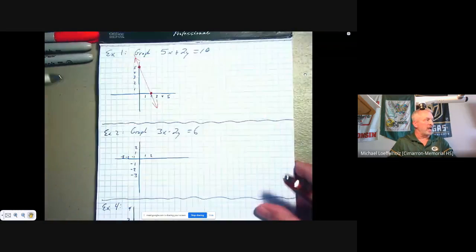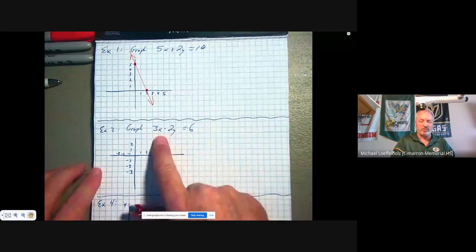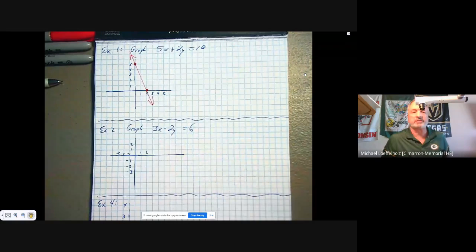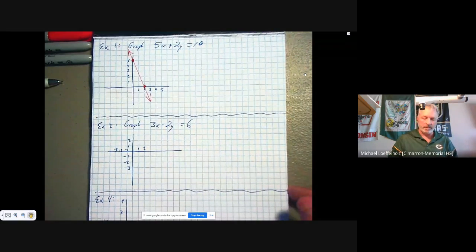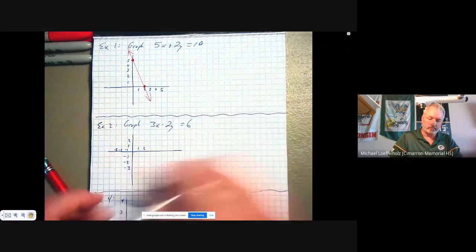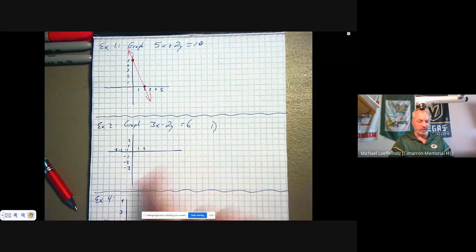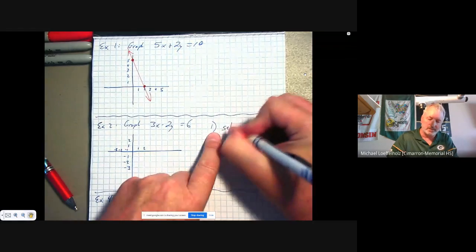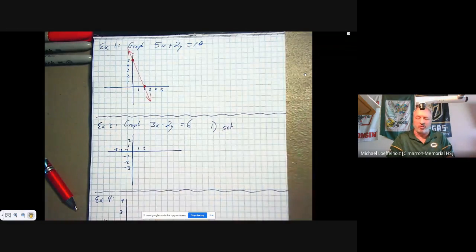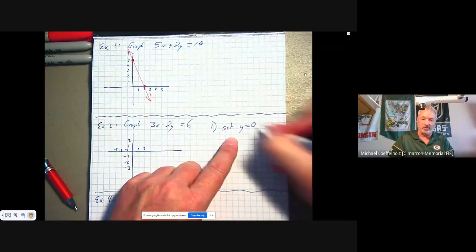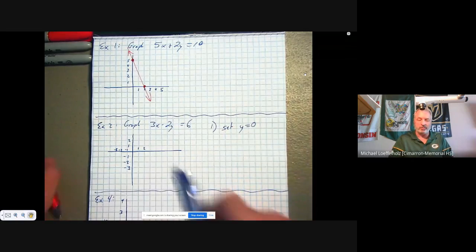Okay, I'm going to do this on the same page. So this time we have 3x minus 2y equals 6. Now I've already made the graph, and you can see this graph must be down here because that's the spot I left open. Step 1, I'm going to do them in the other order this time. I'm going to set y equal to 0 because the order doesn't matter.